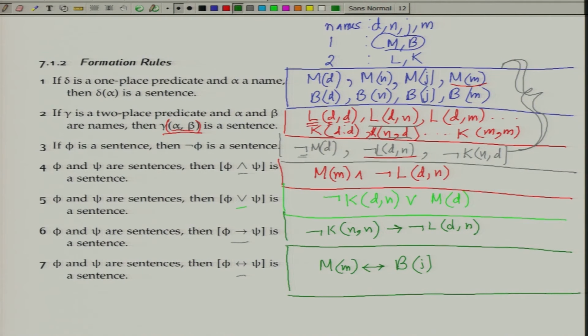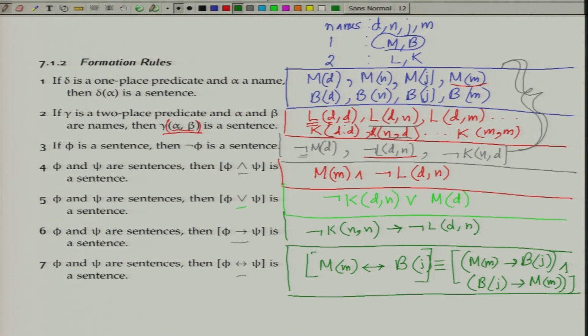Now, what does it mean? Actually, it can be paraphrased as the following. The moment you write this, you are actually writing that it is true that if MM, then BJ, and if BJ, then MM.